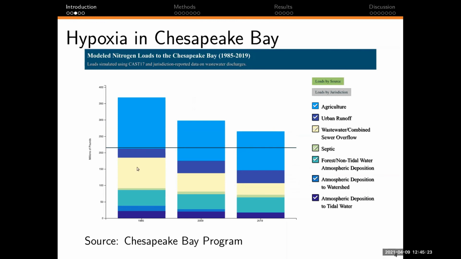You can see the wastewater and combined sewer overflows have decreased a lot. So there have been a lot of efforts to upgrade water treatment plants and reduce sewer overflows to the bay. Those are probably the two main efforts, but there's a whole program to do different water quality improvements.